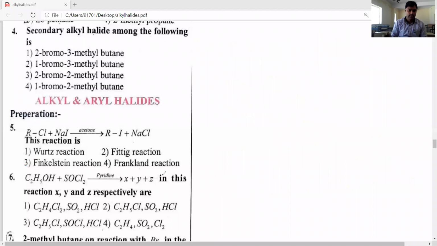Let's see the sixth question, directly the Darzens reaction. Sixth question is the Darzens reaction. Okay, students, now the reactant is ethyl alcohol, CH3CH2OH.